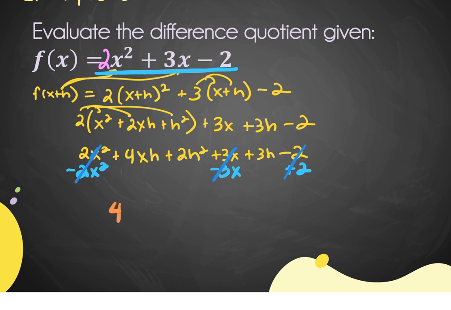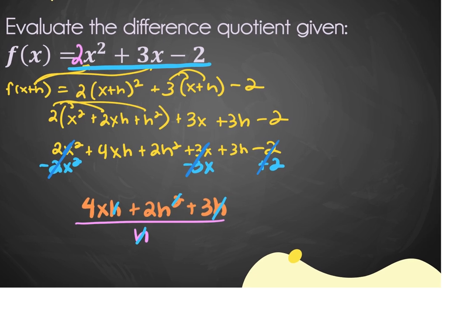What's left is 4xh plus 2h squared plus 3h. And my final step is put it all over h and simplify. So h, one of the h's, and the h there. I end up with 4x plus 2h plus 3.